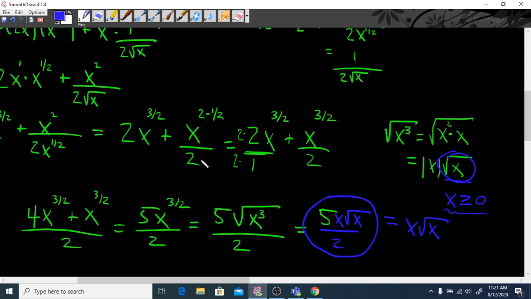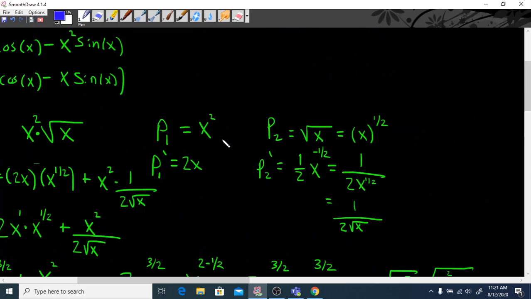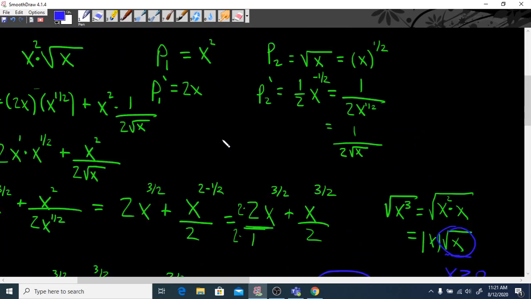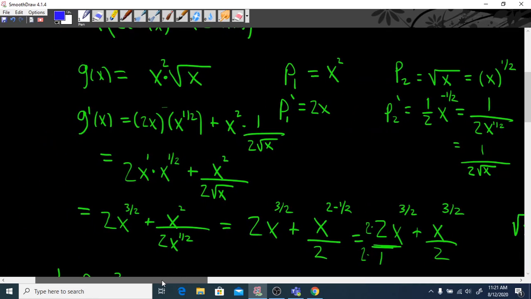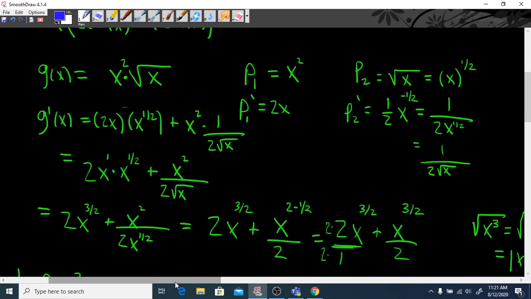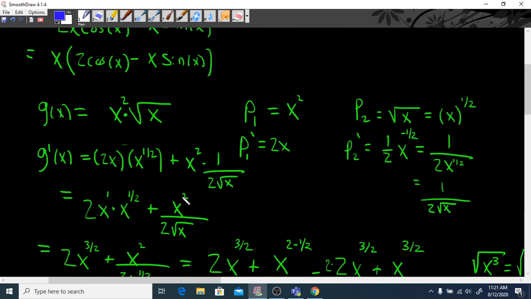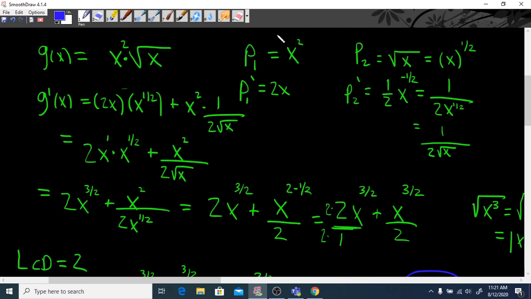Okay? Now, in the beginning I said we could do this a different way. And so let's talk about that. I feel like what we're getting ready to do is actually going to be easier overall. It just requires a little bit more work on the front end. So we can use the product rule like we did here, or we can do some algebra with this first.